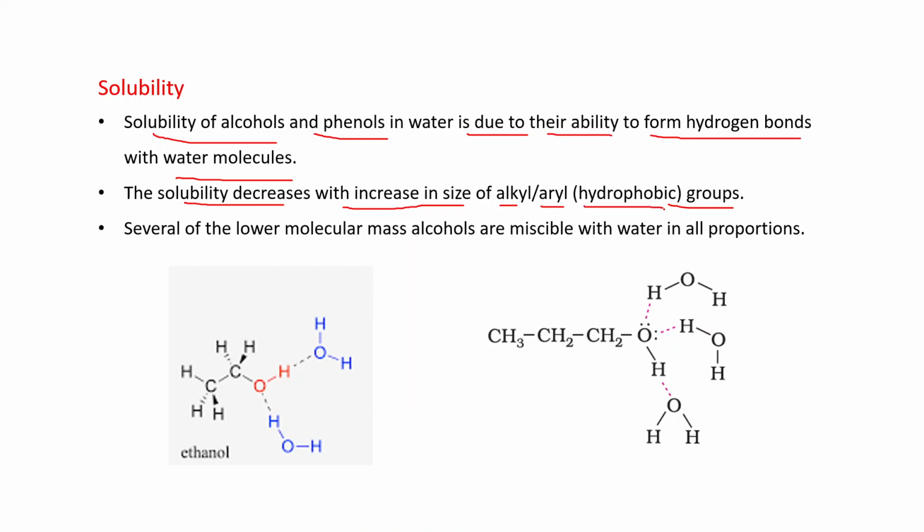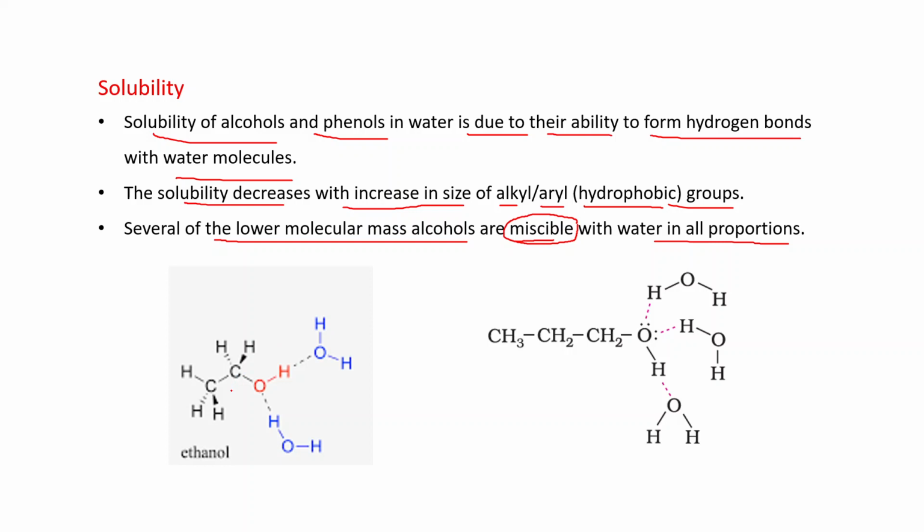That's why solubility decreases. Several of the lower molecular mass alcohols like methanol, ethanol, propanol are miscible with water in all proportions. Miscible means completely mixed into each other, whatever the ratio of water or alcohol.